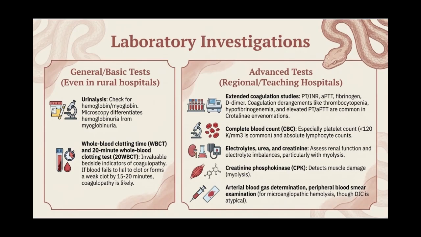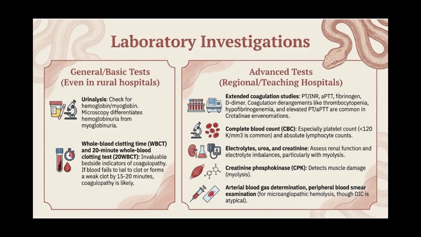Measuring creatine phosphokinase can help detect muscle damage resulting from the envenomation. Where appropriate, arterial blood gas analysis should be conducted to assess the patient's respiratory and metabolic status. A peripheral blood smear examination may be useful to identify microangiopathic hemolysis, which could indicate the presence of disseminated intravascular coagulation.